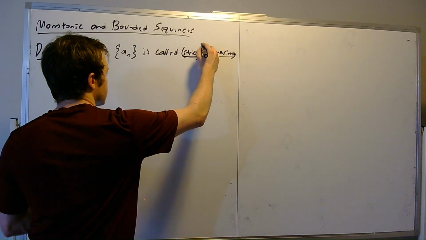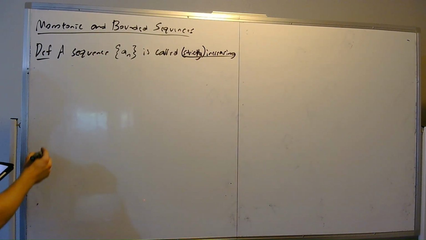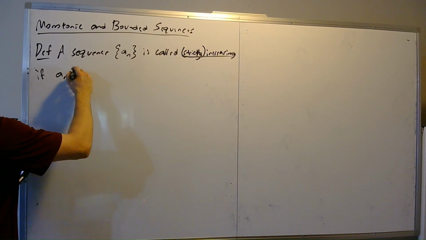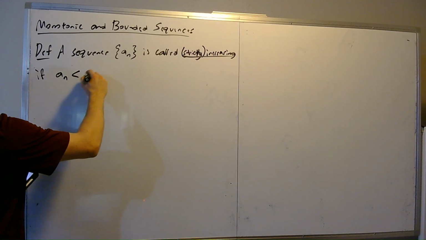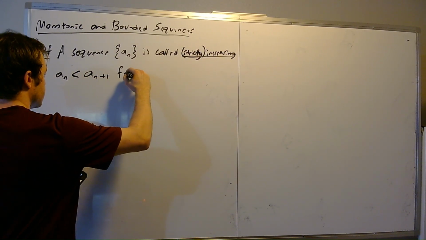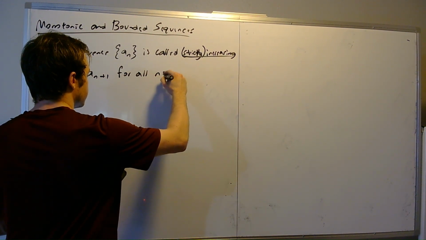We don't need the word strictly, but if we say a function is increasing, that means it's strictly increasing. So if a_n is strictly less than a_{n+1} for all n greater than or equal to 1.